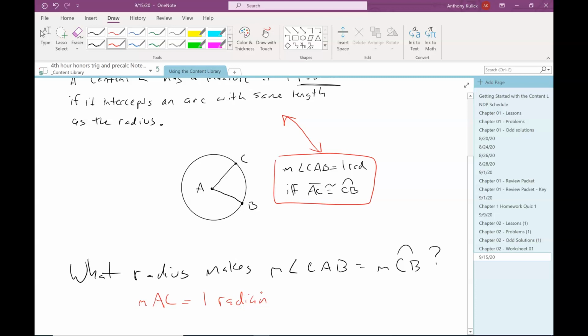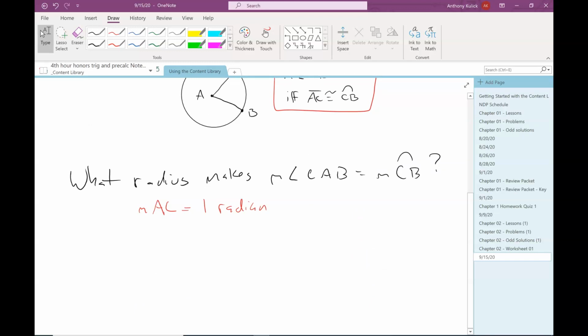Well, if AC is 1 radian, that also means that CB is 1 radian, right? So the central angle, which was also 1 radian, is now the same as the arc length. Everybody okay with that idea?